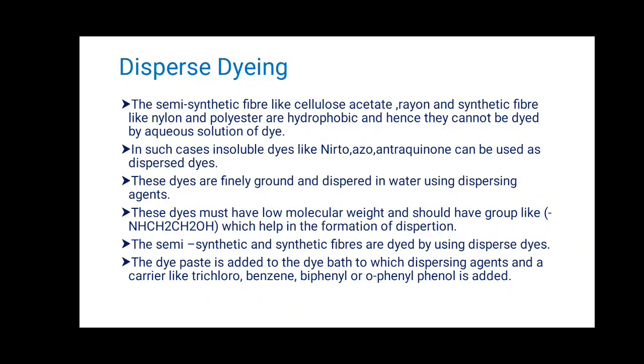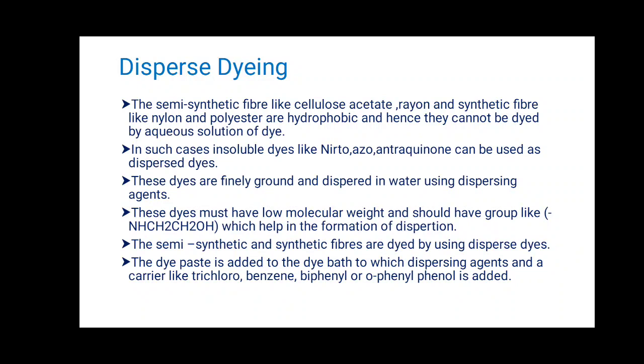In such a case, insoluble dyes like nitro, azo and anthraquinone can be used as dispersed dyes. These dyes are finely ground and dispersed in water using a dispersing agent. This dye must have low molecular weight and should have groups which help in formation of dispersion. The semi-synthetic and synthetic fibers are dyed using dispersed dye.